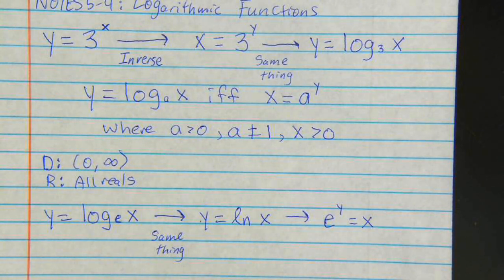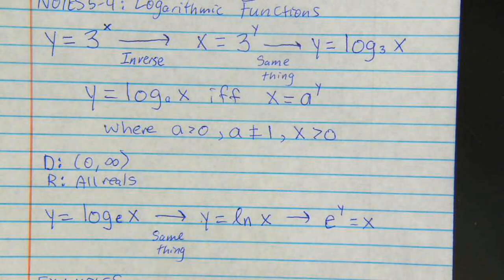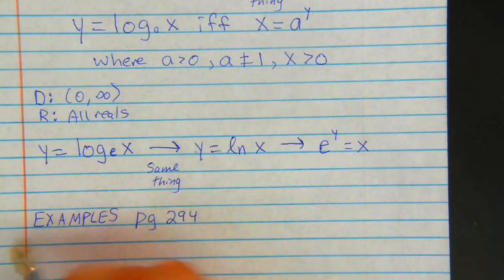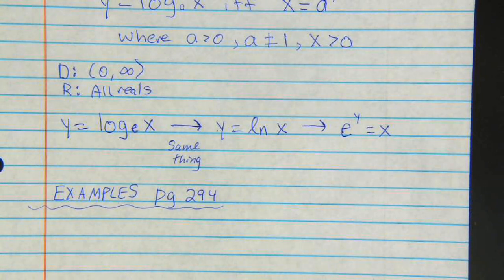All right, so what are we going to do next? We are going to look at some specific examples. Okay? And these examples are on page 294. If you still have that open, you could see the directions.